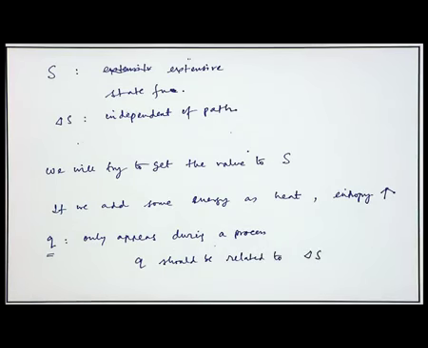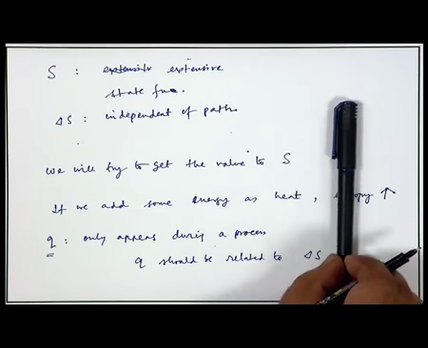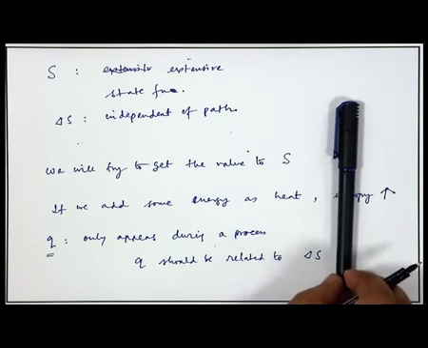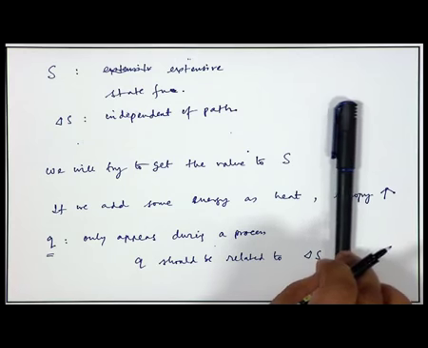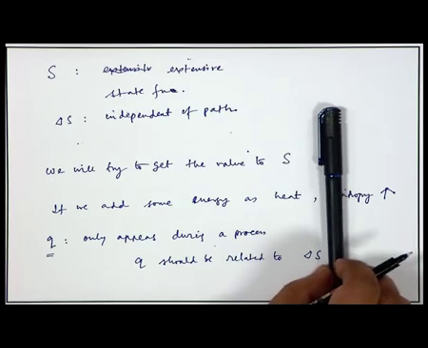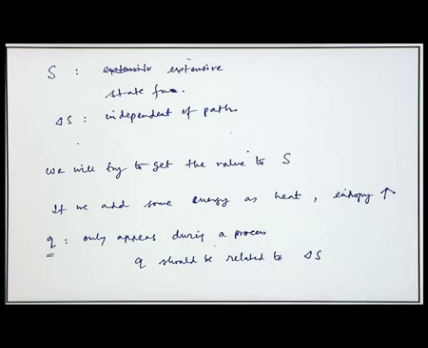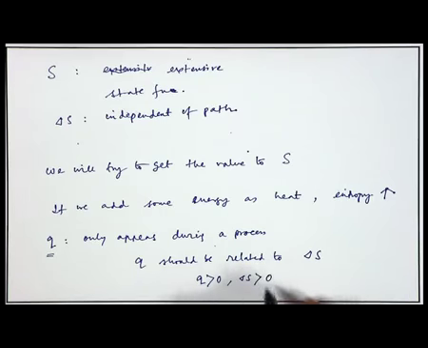As I explained, when this pen having higher temperature is kept in the surroundings, it is losing energy. That means the change in entropy is negative for the pen and positive for the surroundings. So, basically if Q is positive, if I add some energy as heat, delta S will be positive for either system or surroundings.